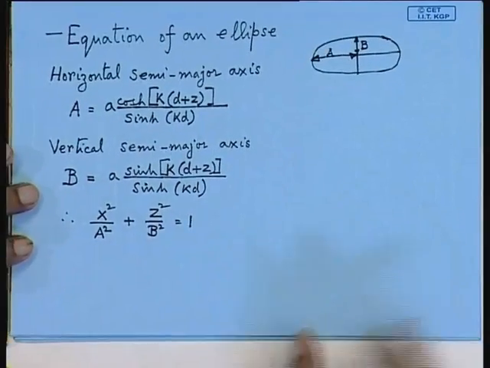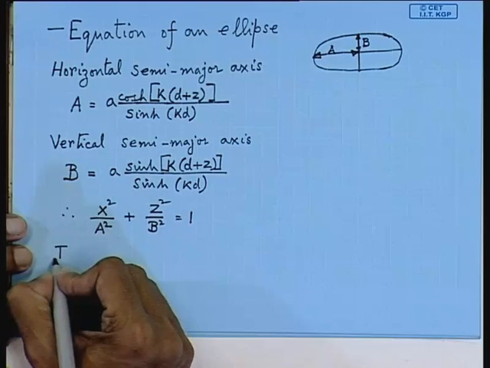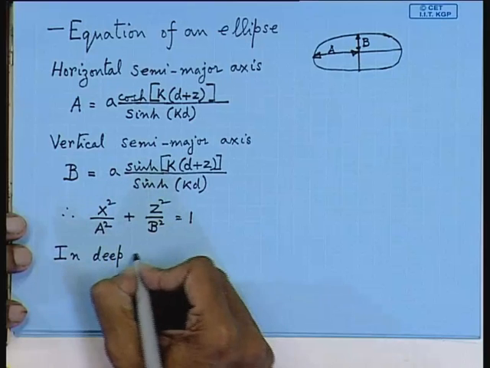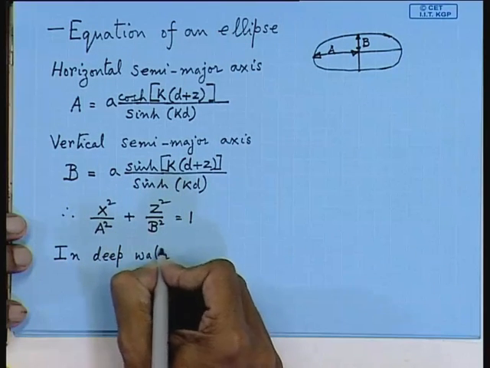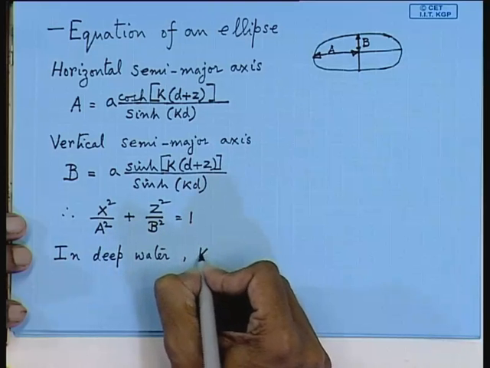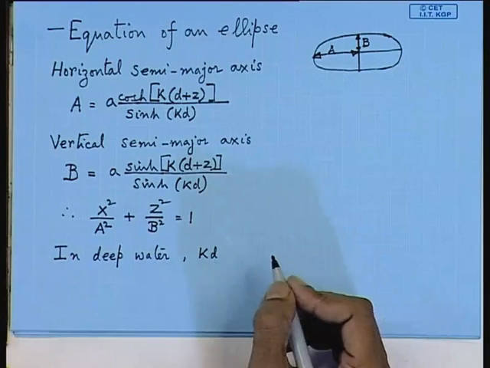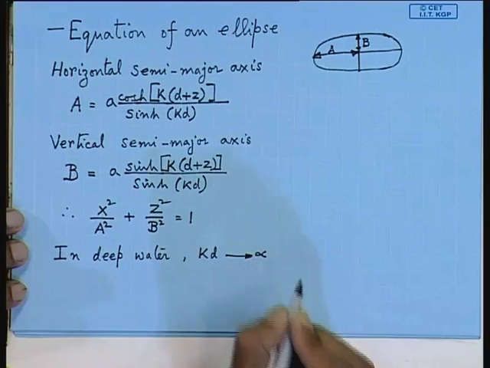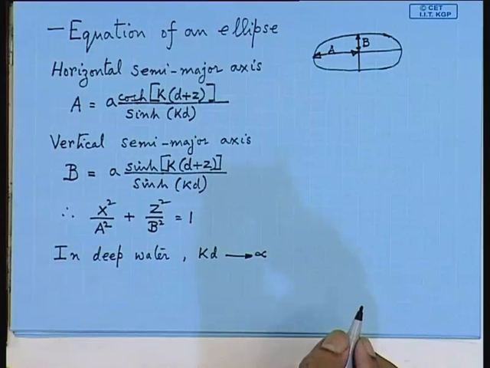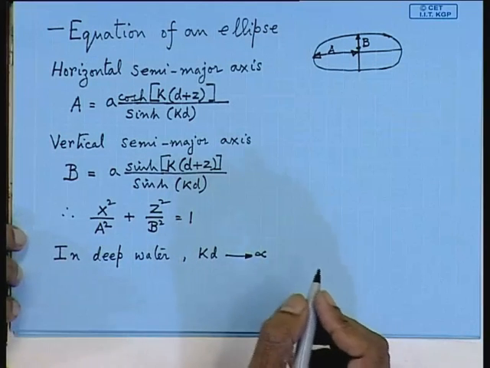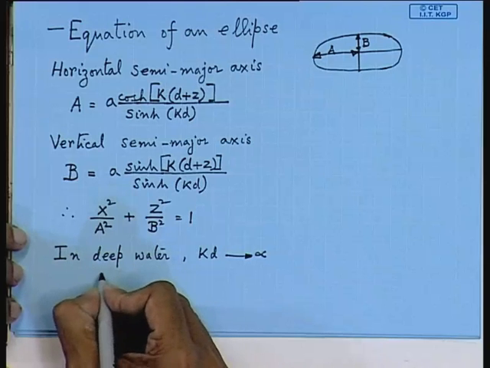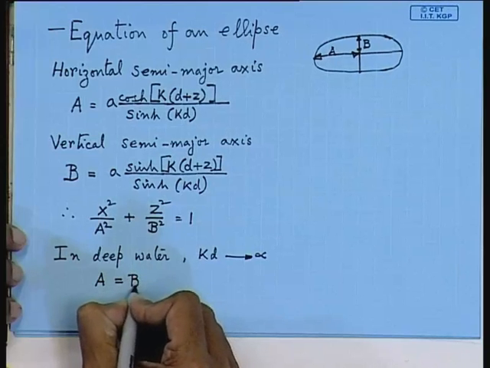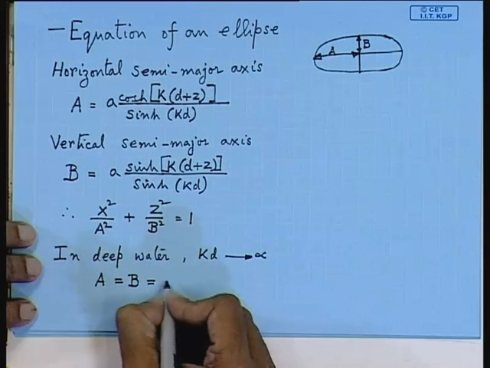So, now let us have a look at what is happening in deep water. In deep water, what is the value of k d? d is infinite, so your k d value will also be infinite. Now, in this case, the value of A will be the same as the value of B, and this will be the radius of the circle.